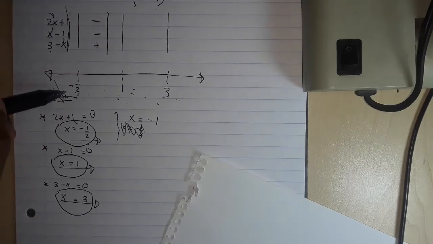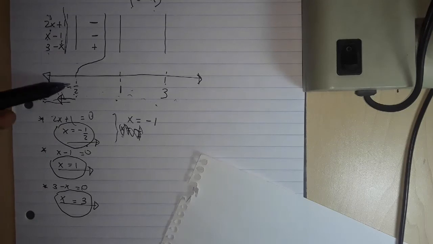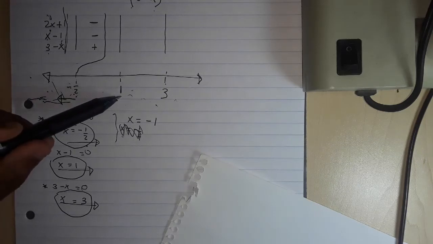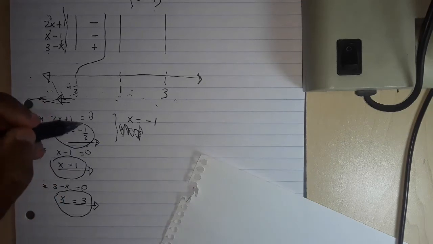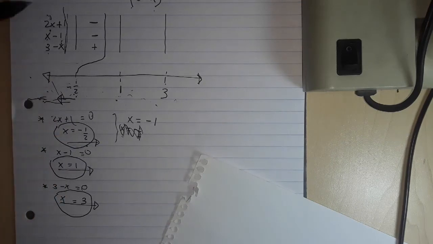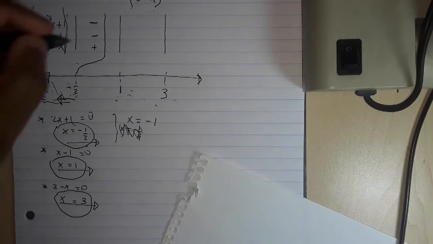And now let's take values between minus a half and 1. Such a value could be minus a quarter. If we take x equals minus 1 over 4, we will have 2 times minus 1 over 4 plus 1, which is a positive value here.